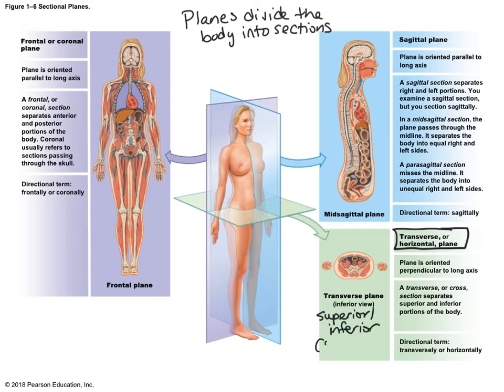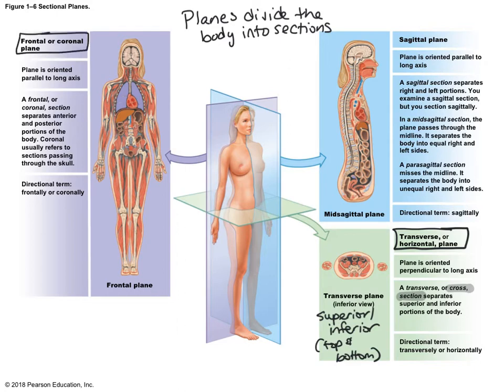And when this cut is made in this transverse plane, it will divide the body into sections, and we'll call those sections a transverse section, a horizontal section, or most commonly, it will be called a cross section. Then we have this frontal plane, and the frontal plane is the purple plane.